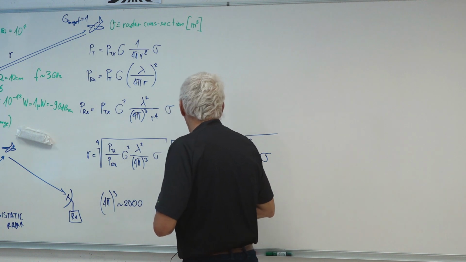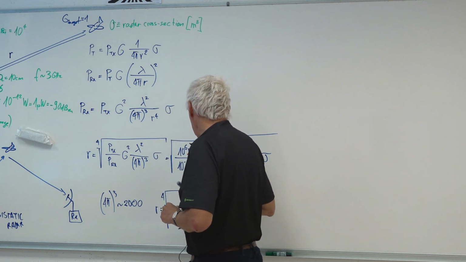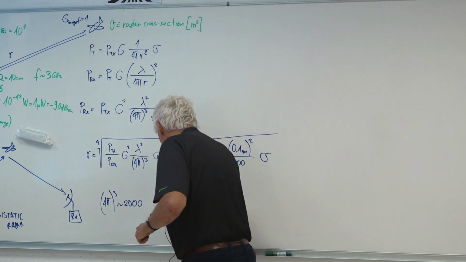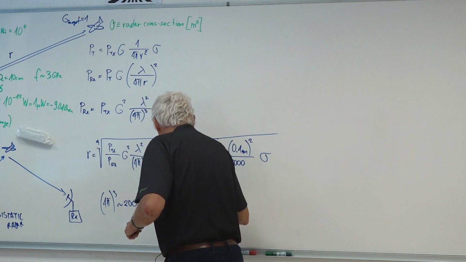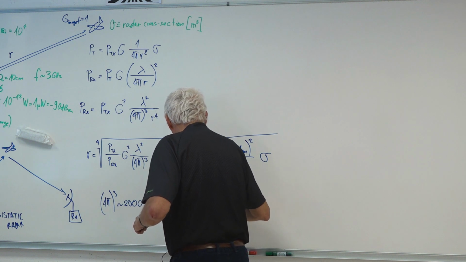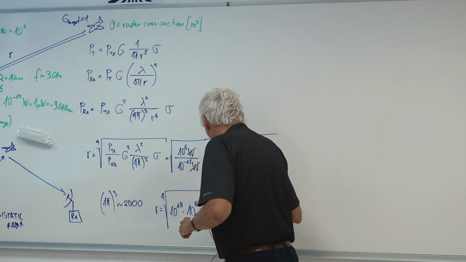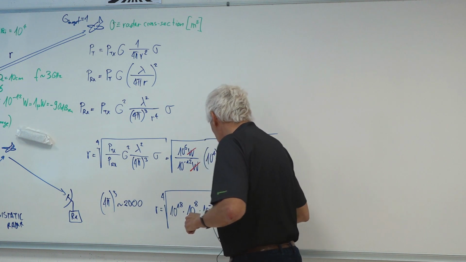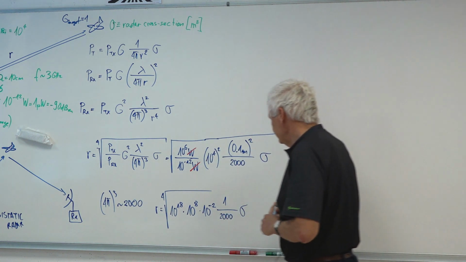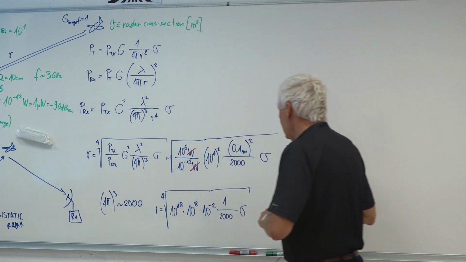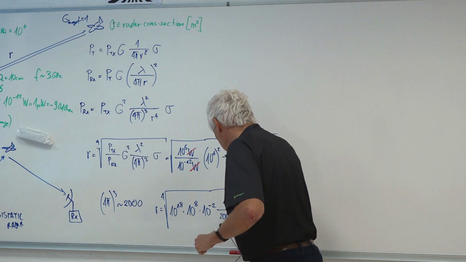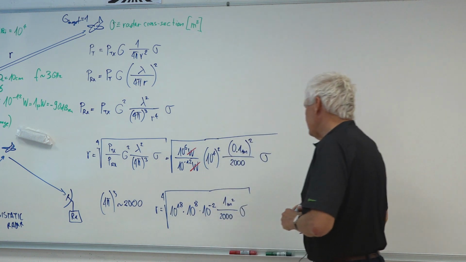So this is 10 to the 18th power, times 10 to the 8th power, times 10 to the minus 2, and 1 over 2000, times sigma, in meters squared.